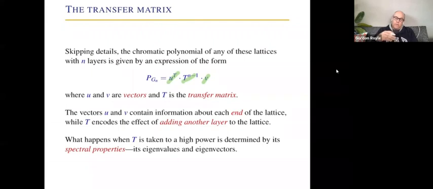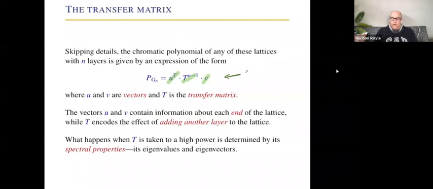T is called the transfer matrix, and that encodes the effect of adding an extra layer to your lattice. And then V is the other end of the lattice, the other end graph. All of these things are expressions in Q. So these are vectors and matrices whose entries are expressions in Q.